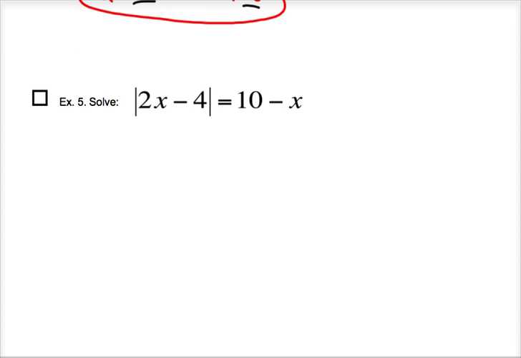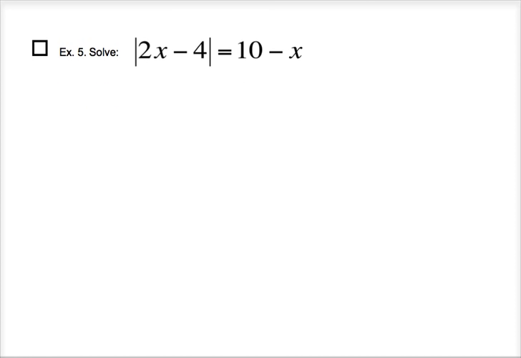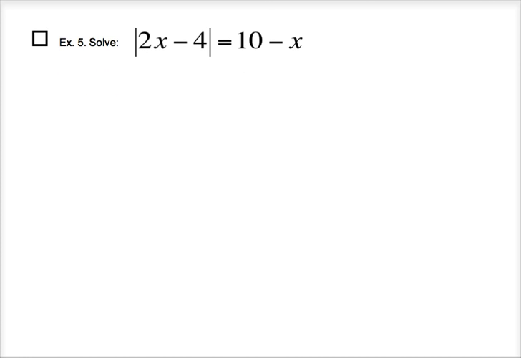Last one I'll cover in this lesson, a trickier one, because it's got an x over on the right. The absolute value is already isolated, so we're going to set up 2 equations. The first one's always staring you in the face. Don't change anything. The second one, we need to say that we could have the opposite of 2x minus 4.